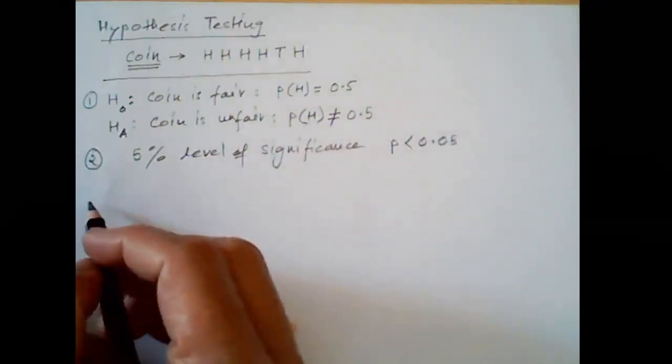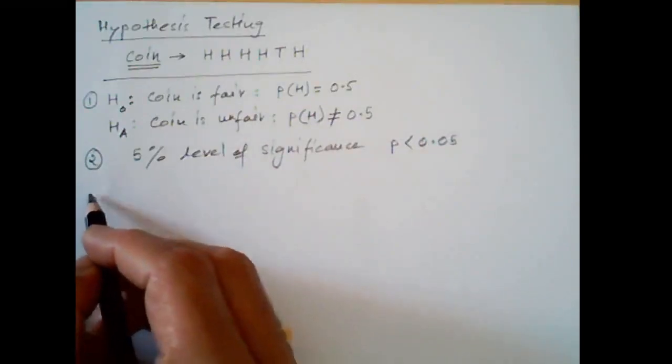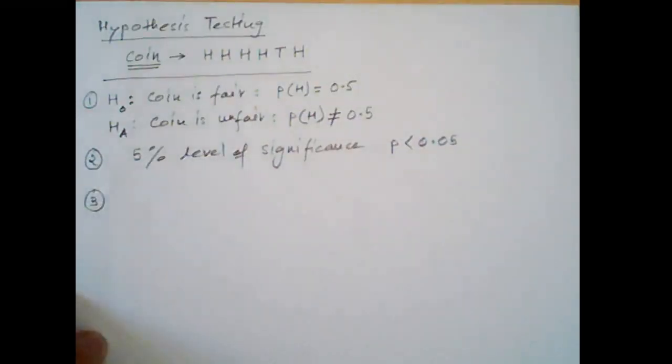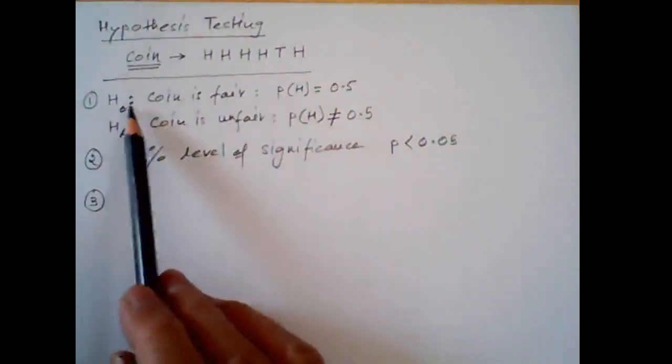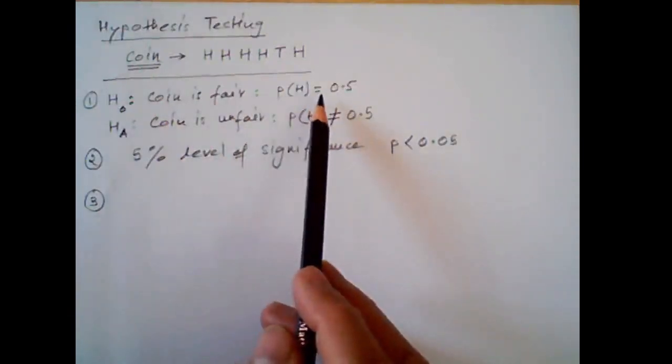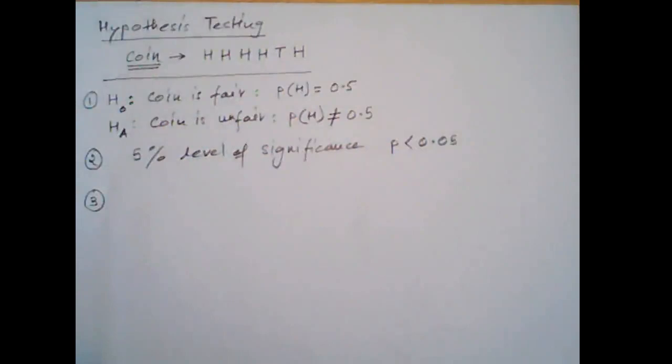Okay, fine. What is the third step? In the third step, we are going to assume that the null hypothesis, H0, is true. Meaning you assume that the coin is fair, and the probability of heads in the next flip is still going to be 0.5 for heads and 0.5 for tails.